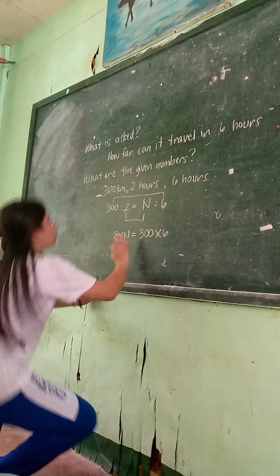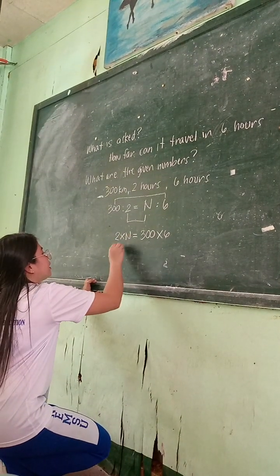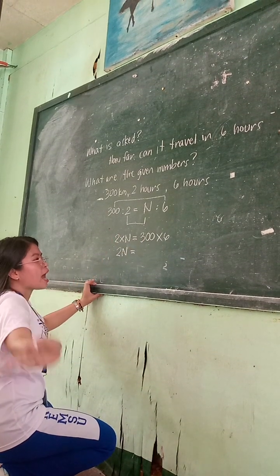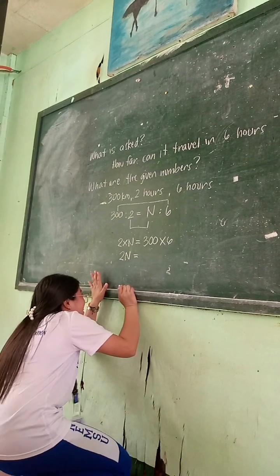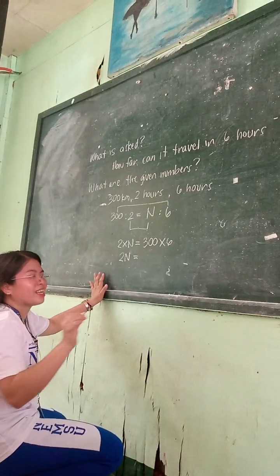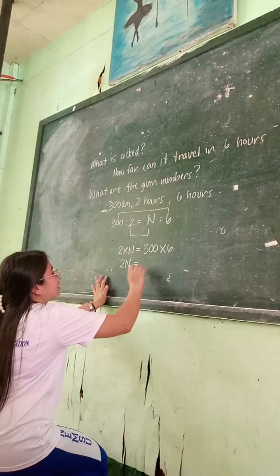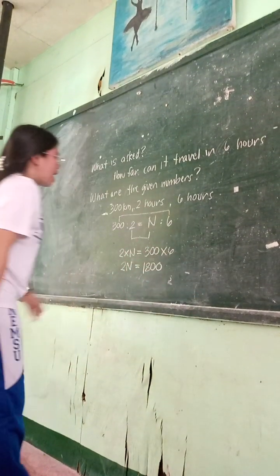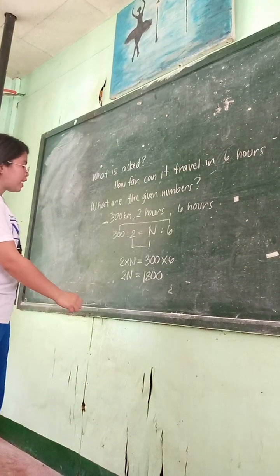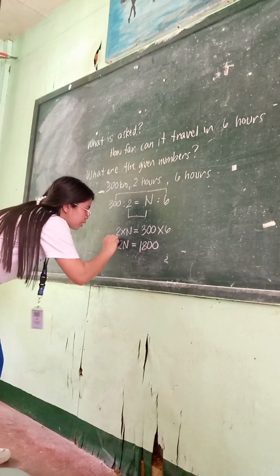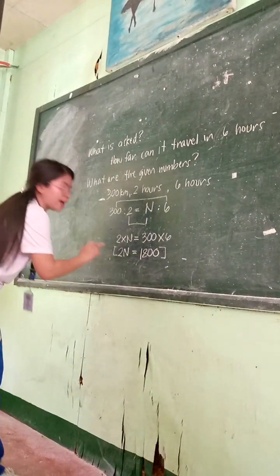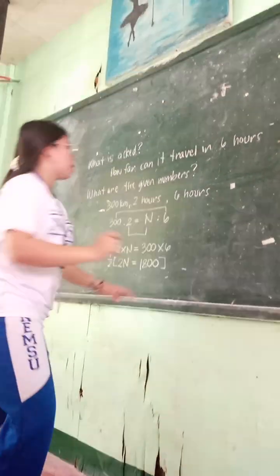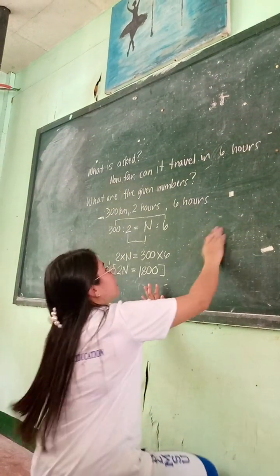So now, 2 times n, 2n, equals 300 times 6, which is 1,800. To find n, we are going to divide both sides by 2.